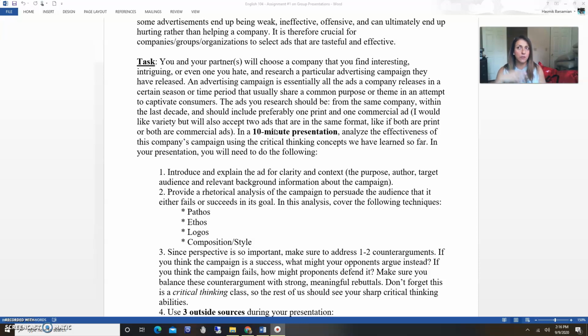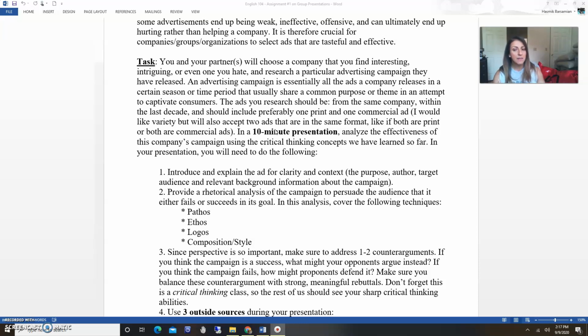Commercial ads range from like 30 seconds to 2 minutes. Some of those really long Super Bowl ads are longer than 3 minutes. They're like a mini movie. So it might take up a lot of your time. So consider the fact that I'm not asking for a whole lot when I say 10 minutes, because it also includes the video time that you're going to be using in that whole 10-minute countdown.